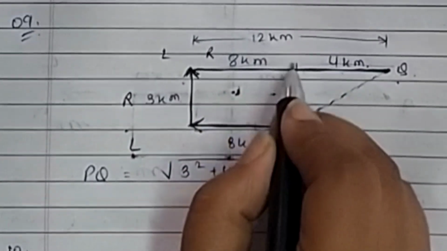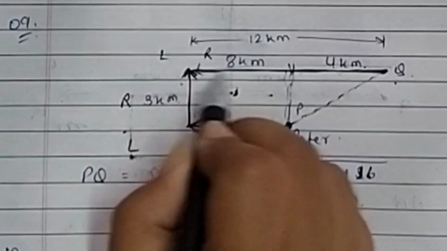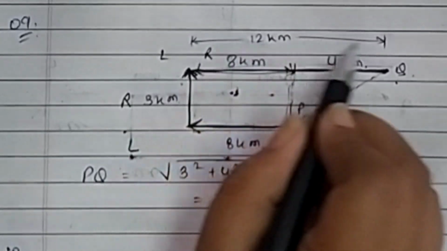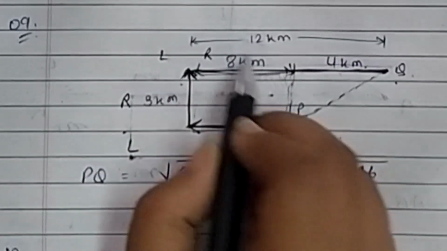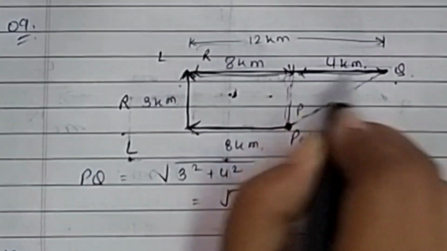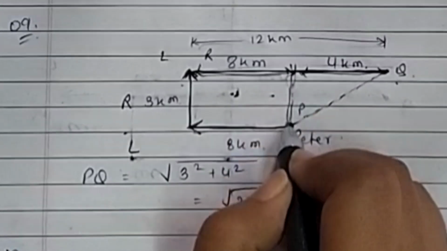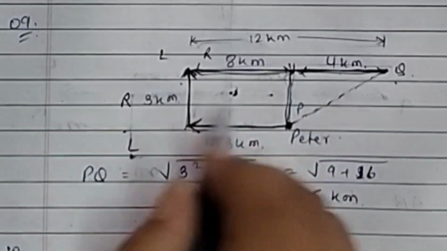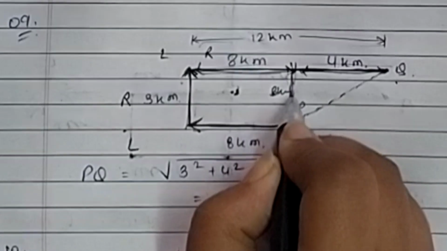So after joining, this distance will be 8 kilometers, and if we subtract this distance from the whole, then we will get 4 kilometers for this distance. Now this is parallel to this, so we can say that this is 3 kilometers.